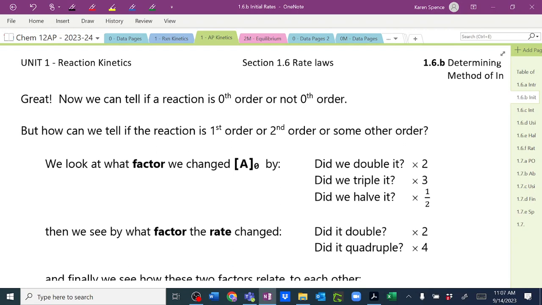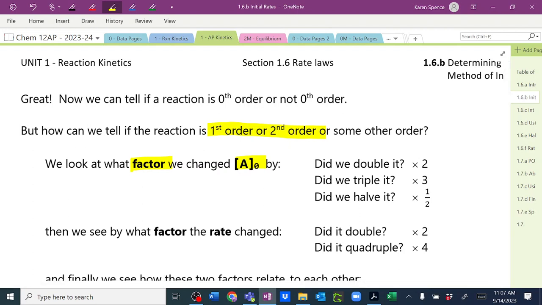How can we tell if the reaction is first order or second order? So we look at the factor by which we change A naught. Okay, so we do one experiment where the concentration of A naught is 1 molar. And then we do a second experiment and the initial concentration of A is 2 molar. So what have we done to the concentration? First experiment was 1 molar, second experiment was 2 molar.